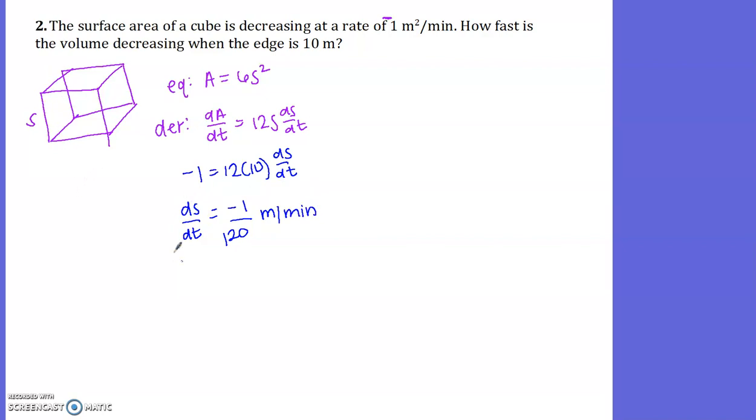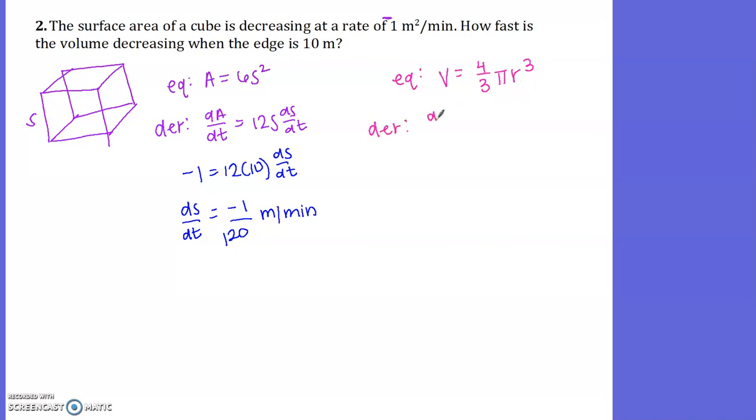Okay. So the reason we have to find this is now we're going to have to set up a new equation for the volume. So we're going to need this ratio right here, the ds/dt, to solve for the rate of change for the volume. Okay. So now it's kind of like we're starting a new problem with our volume equation. So that'll be 4/3 pi r cubed.